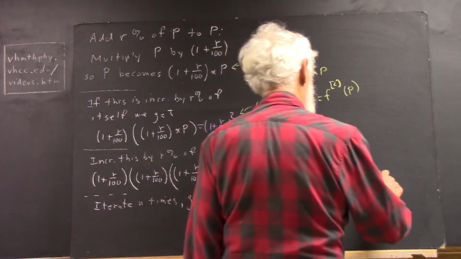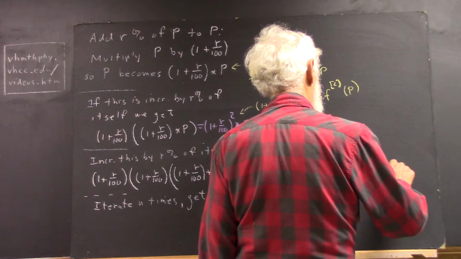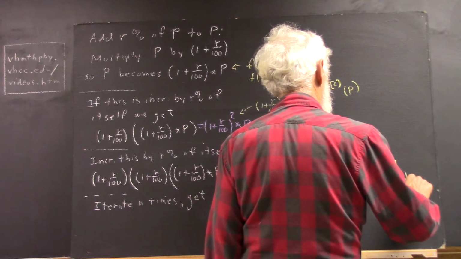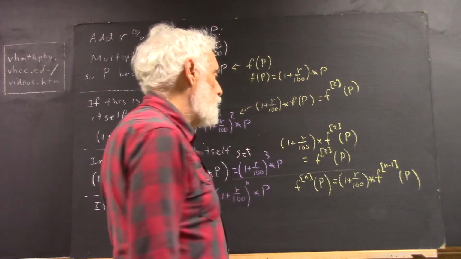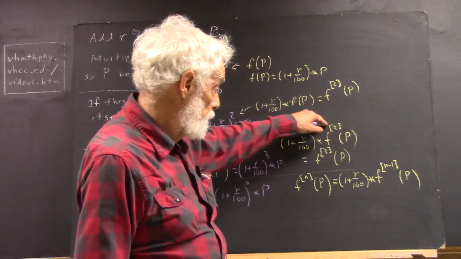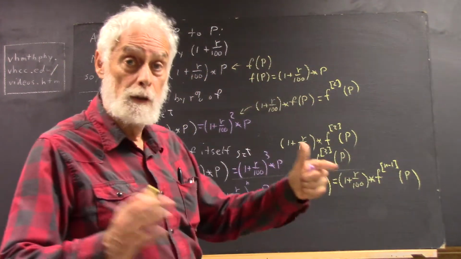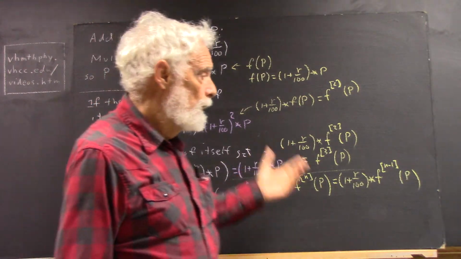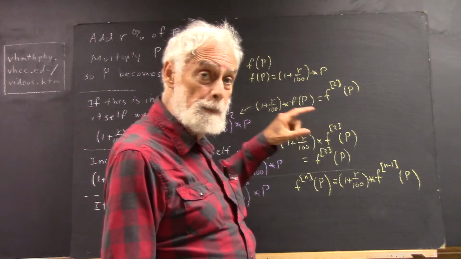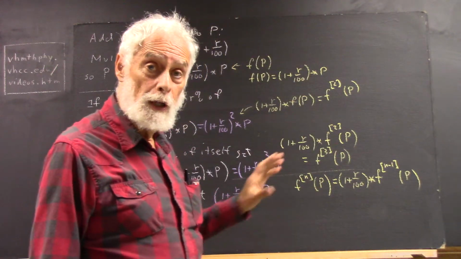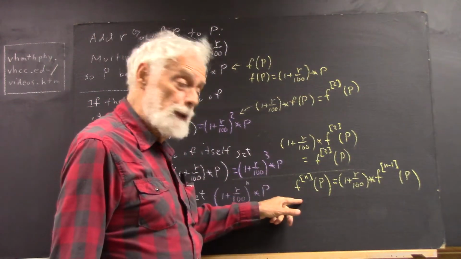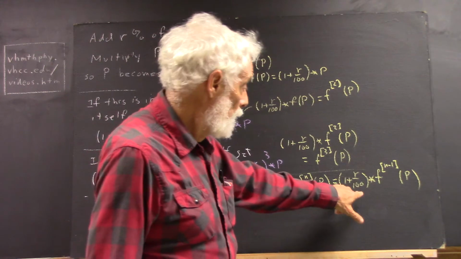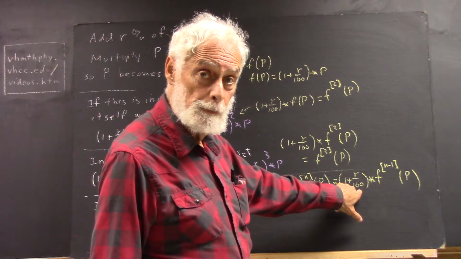It would have been f n minus 1 of p. There's nothing mysterious in this notation, since I'm explaining and have explained what it means. It's not mysterious, it's just a little unfamiliar. I'm just using this notation to name what I have at each step, so I can talk at the next step about multiplying that thing by 1 plus r over 100.